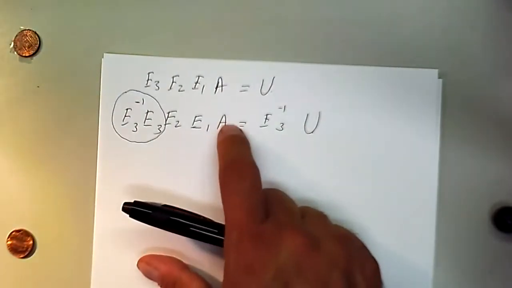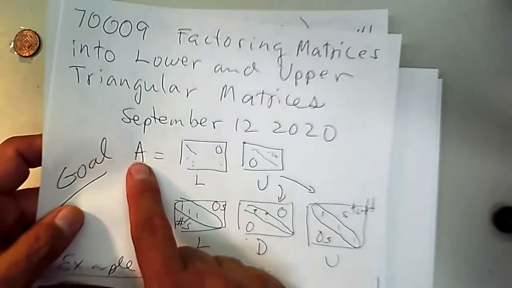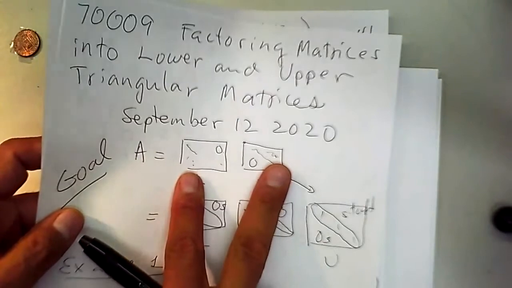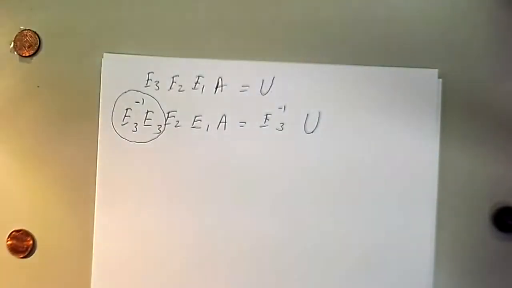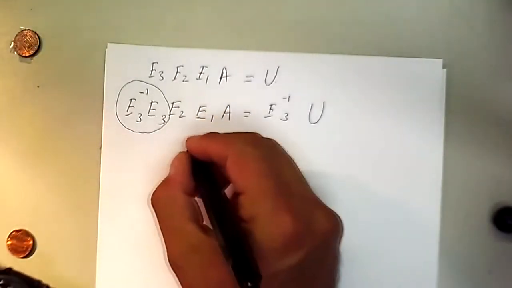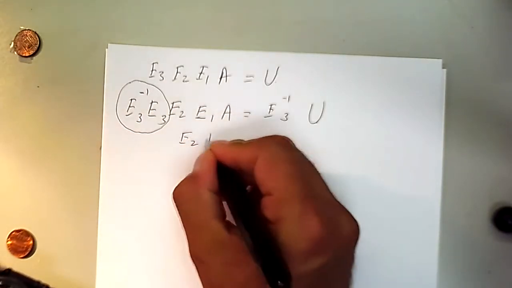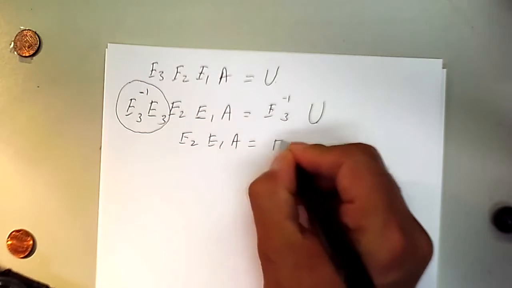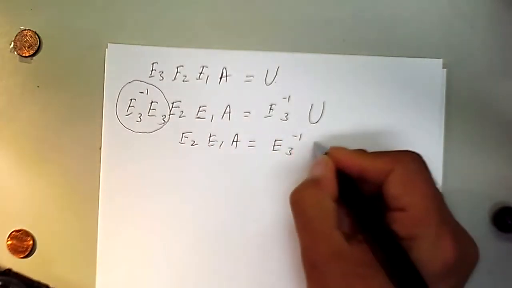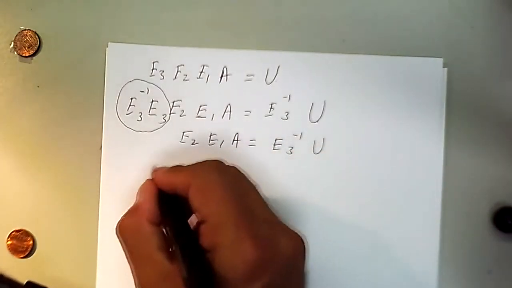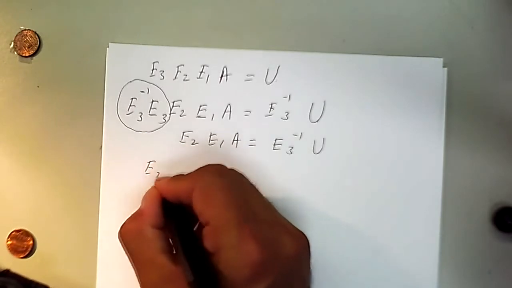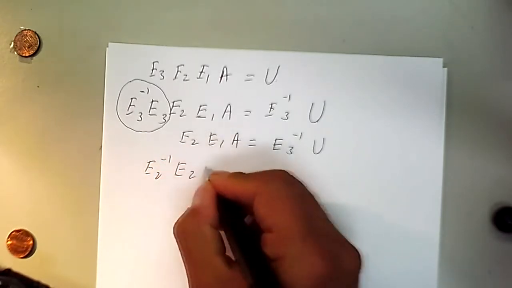Remember, go back to the goal. The goal is to have A split into 2 matrices that are multiplying each other. Let's write this down. E2, E1A equals E3 inverse U. Now we're going to multiply by E2 inverse on the left.